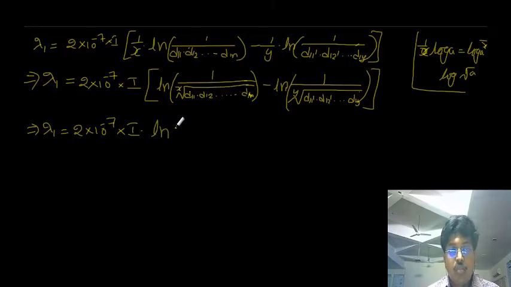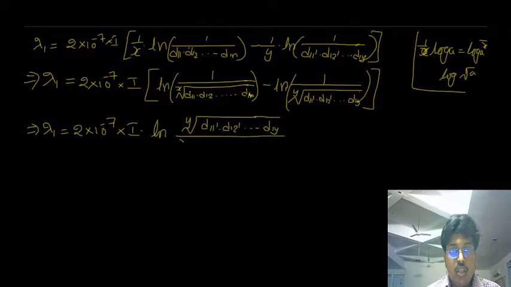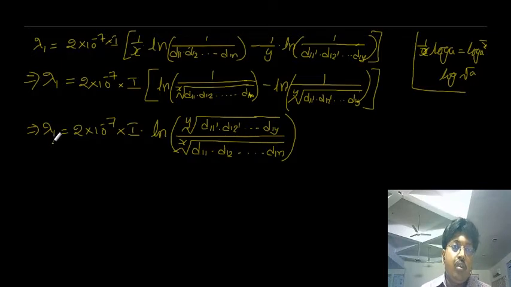So the resultant value becomes logarithm of y root of d11 dash into d12 dash into so on d1y divided by x root of d11 into d12 into so on d1n. This is the resultant flux linkage of one strand, that is strand 1 of conductor A.